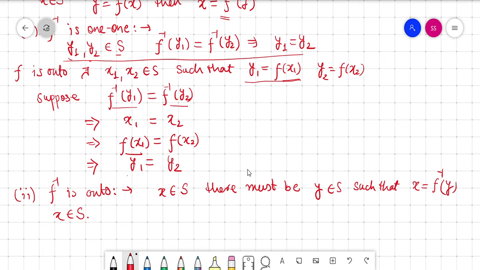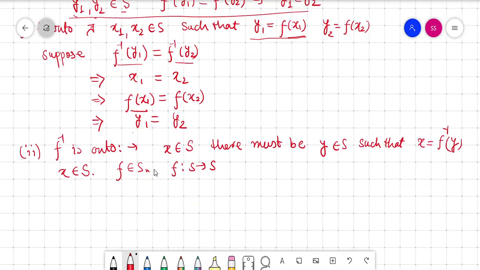Note that this mapping F belongs to Sn. What does it mean? It means F is a mapping from S to S, which is 1-1 and onto.